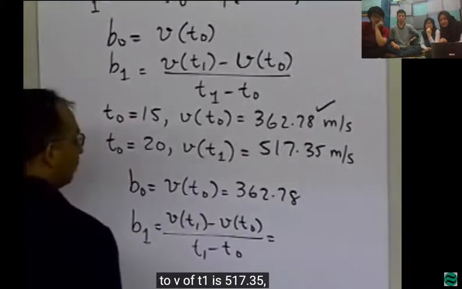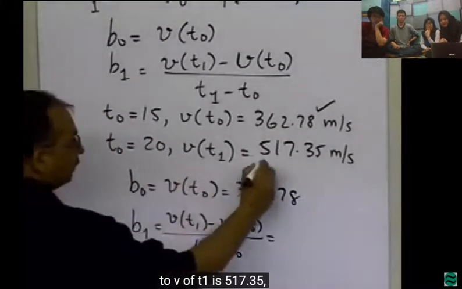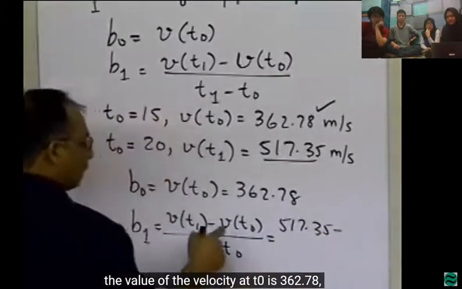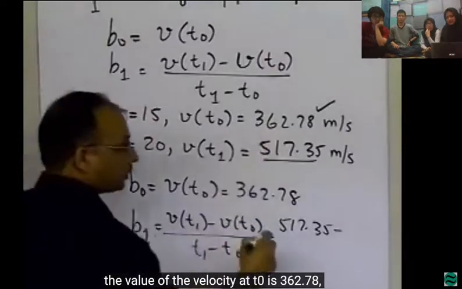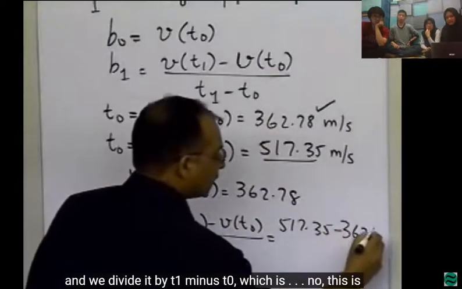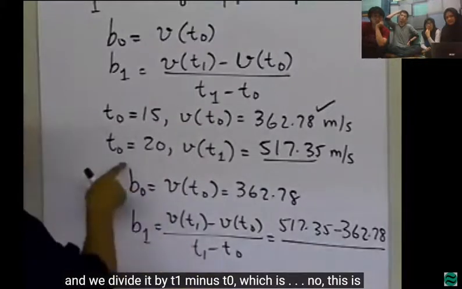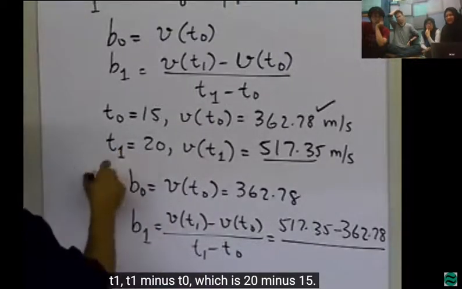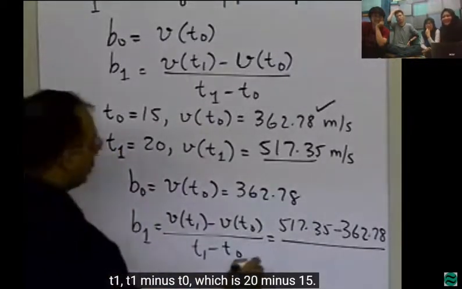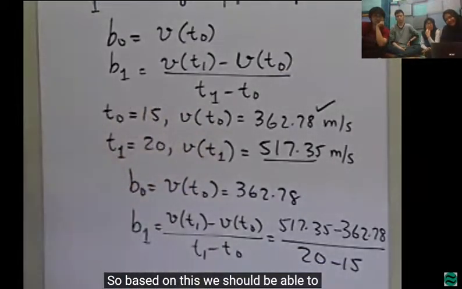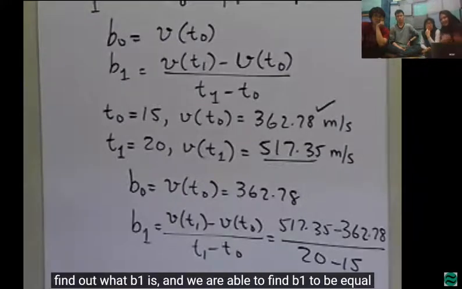This is equal to v sub t1, 517.35, minus the velocity at t naught, 362.78, and we divide it by t sub 1 minus t sub naught, which is 20 minus 15. So based on this, we should be able to find out what b sub 1 is.